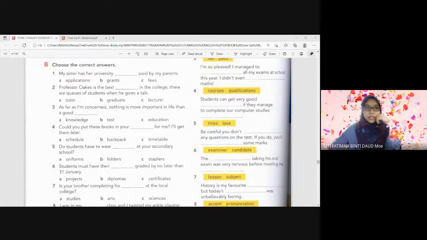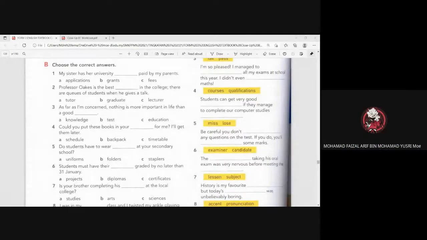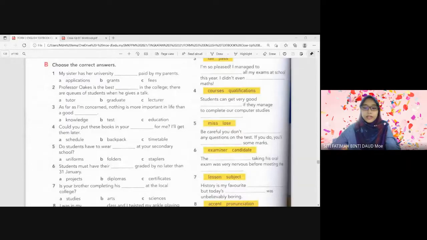Okay, B, 1 until 8. For those who didn't fill in the attendance yet, done. All right. It's okay, we will wait for the others.